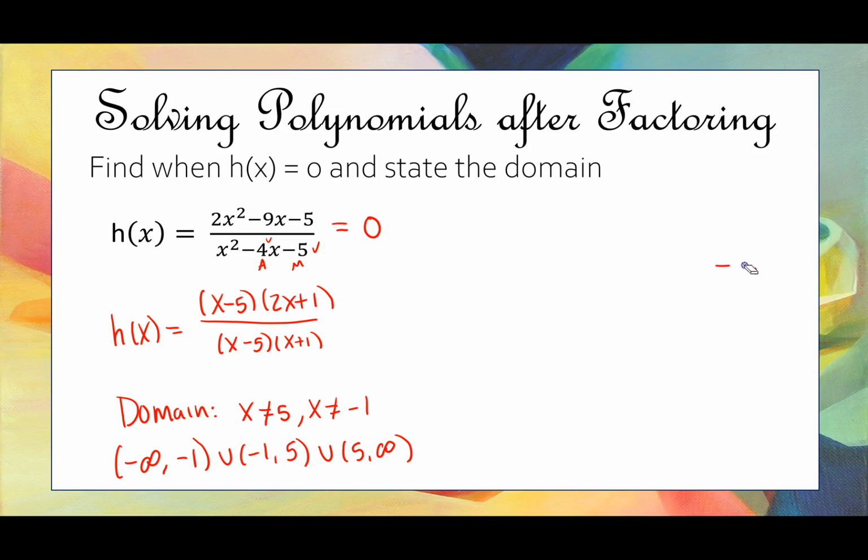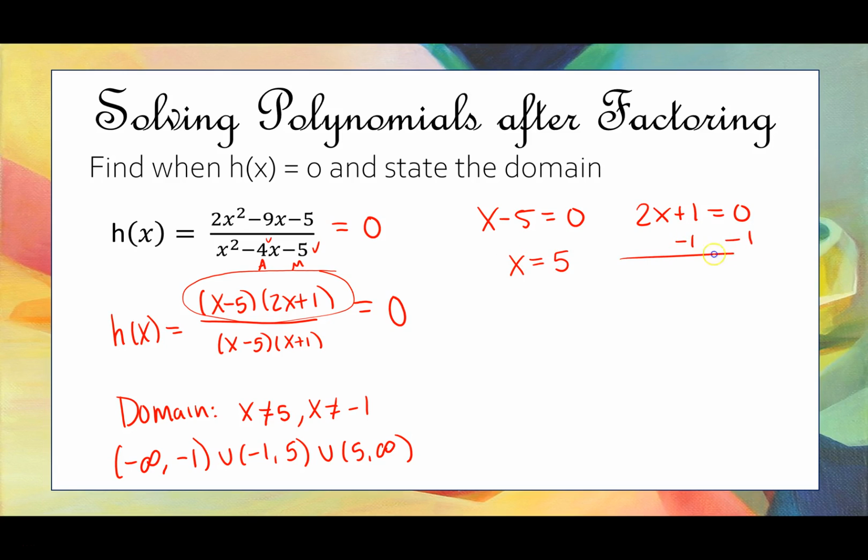All right, next step, now that we have our domain, is to find the solution to this. And to find the solution to a fraction that's equal to 0, we would like our numerator to be 0. So we want x minus 5 to be equal to 0, and we want a 2x plus 1 to be equal to 0. Solving this one's really fast. We get x equals 5.